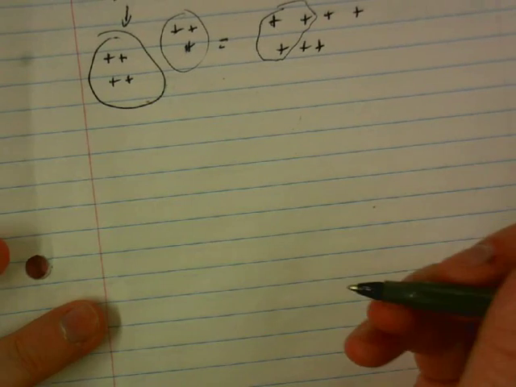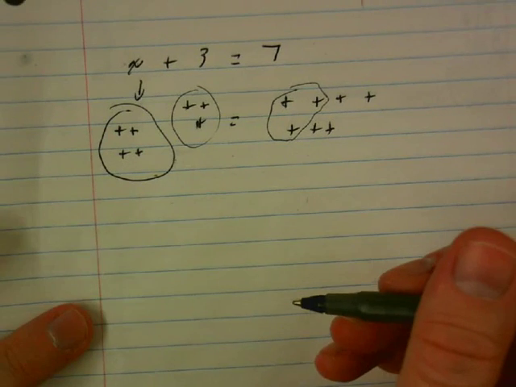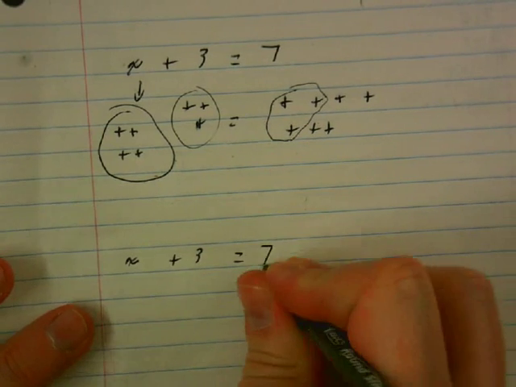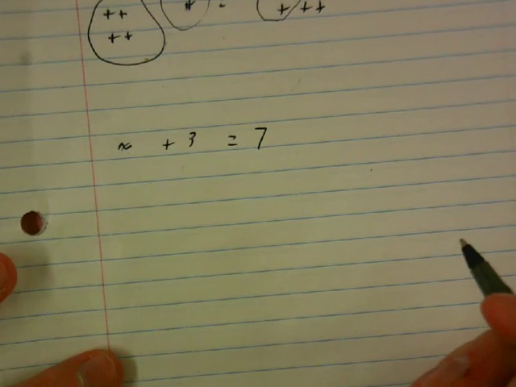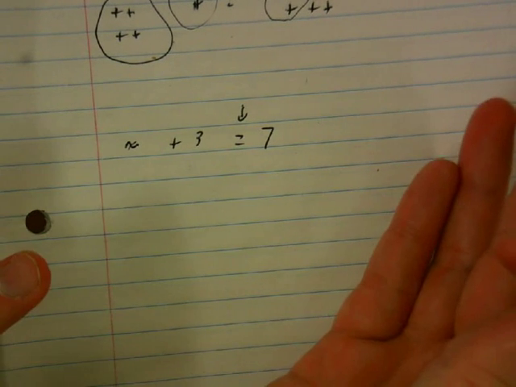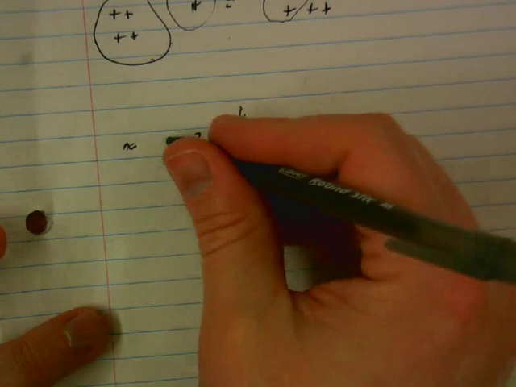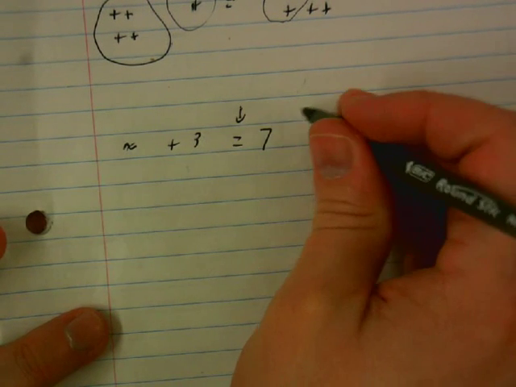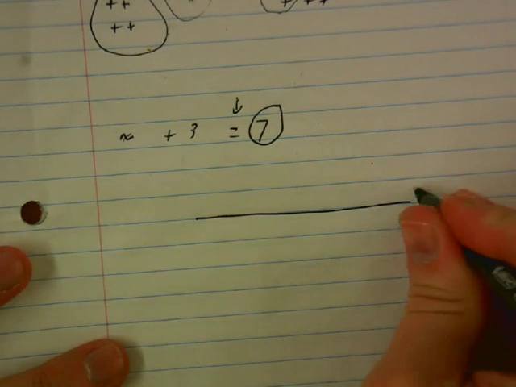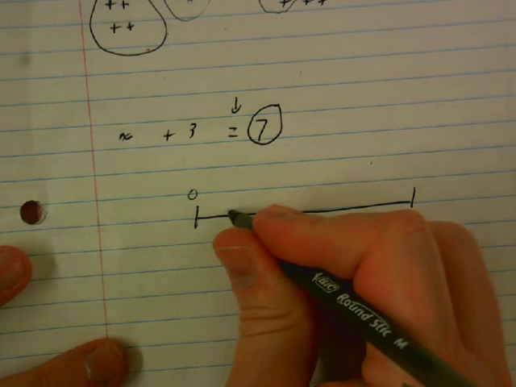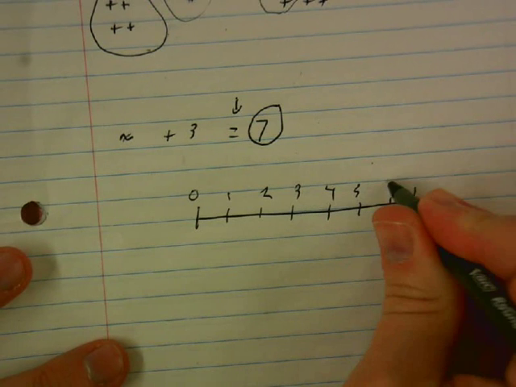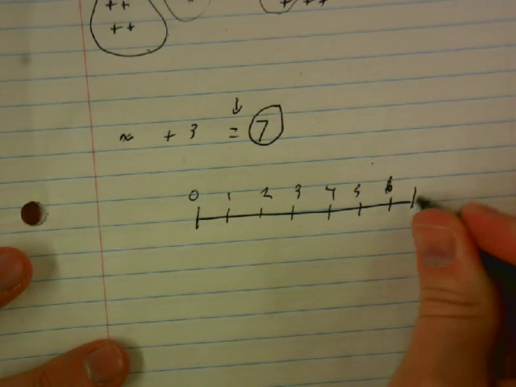Another way you can look at it is the number line. Once again, I'll write it again: x plus 3 is equal to 7. Equal means things are balanced, and I know that when I perform this operation, my endpoint is going to be 7. So on a number line, start with 0, 1, 2, up to 7.